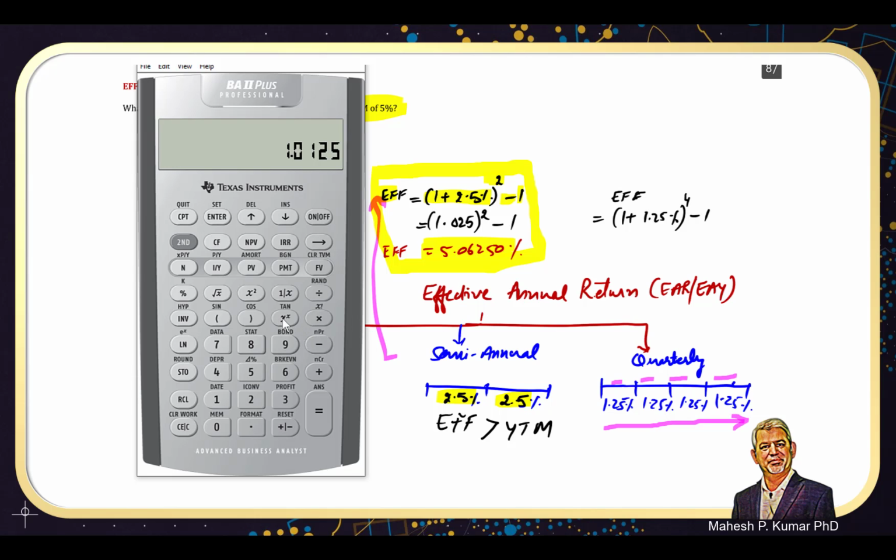So y raised to x, 4, is equal to, minus 1, and this is the number. But if you want the answer in percentage, times 100. So this is the effective annual rate. A quarterly coupon paying bond at 5% YTM has an effective annual rate of 5.09453.